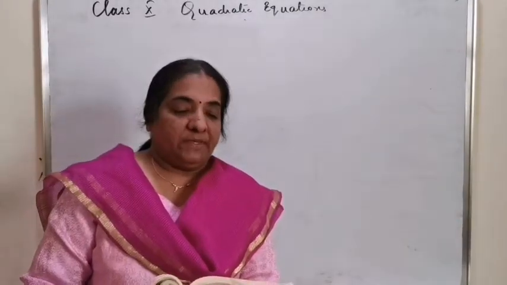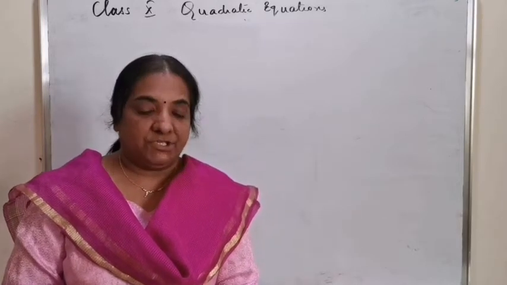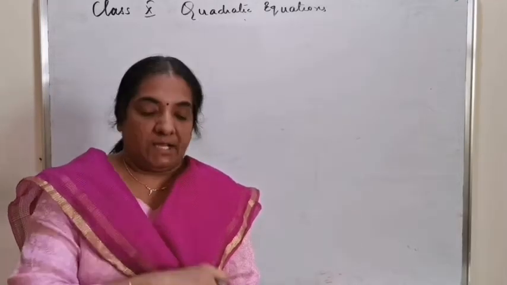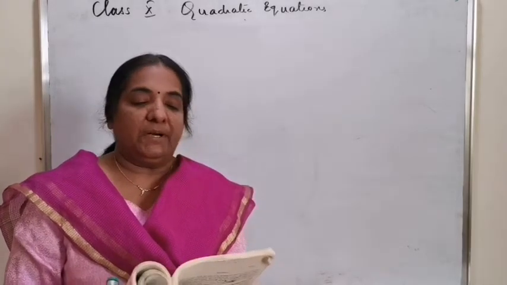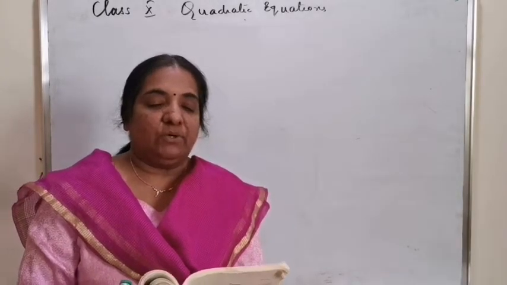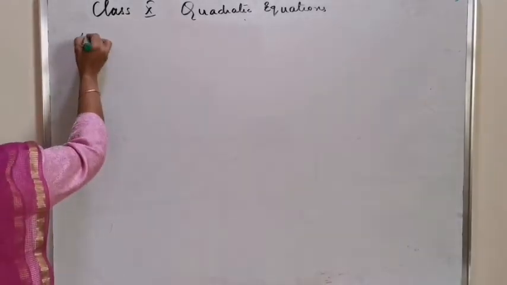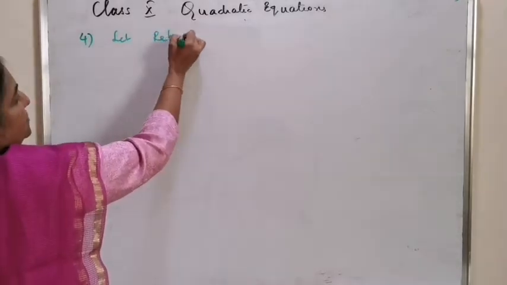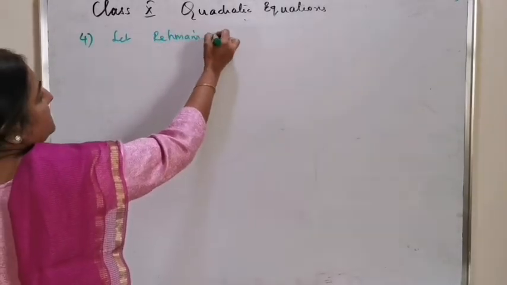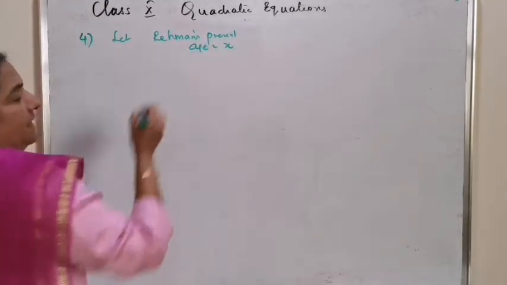Question 4. The sum of reciprocals of Rahman's age 3 years ago and 5 years from now is 1 by 3. That means the only person involved here is Rahman. So let Rahman's present age be x.